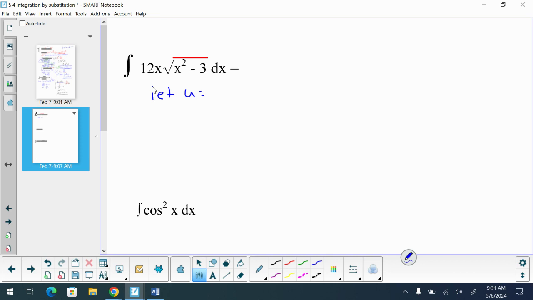I'm going to switch my variable to u now. I'll take the thing that's being quantified. What's being quantified? All right, x squared minus 3. Good. Let u equal that.